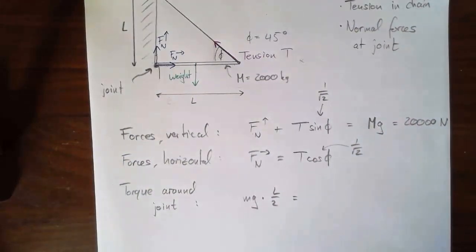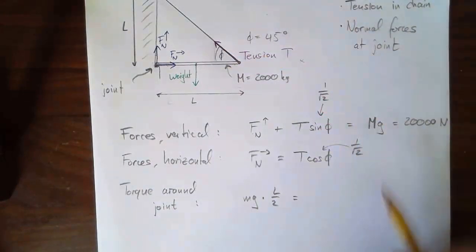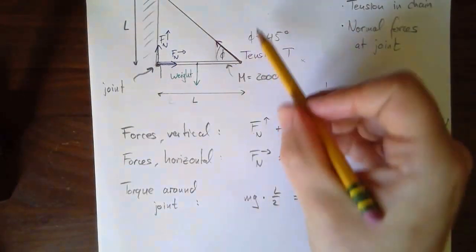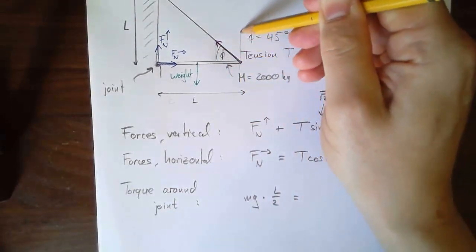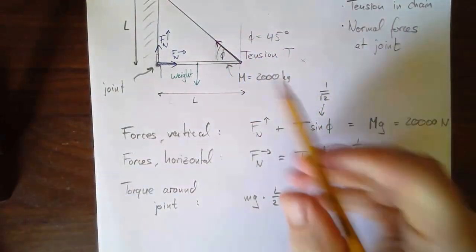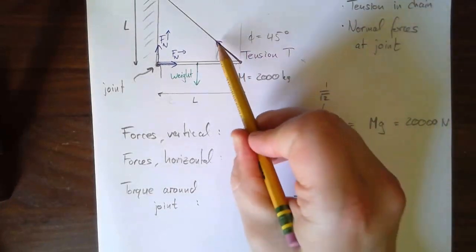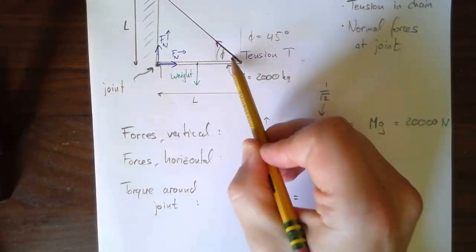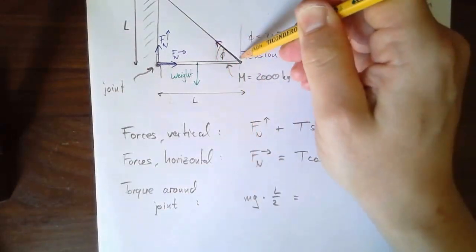What's that equal to? Well, it's equal to the torque created by the tension, which is, okay, now I have to be careful. This is at an angle, right? This is not in the tangential direction. I've got this angle here, so might as well go with it. I essentially need the vertical component of this, the component that's in the tangential direction.